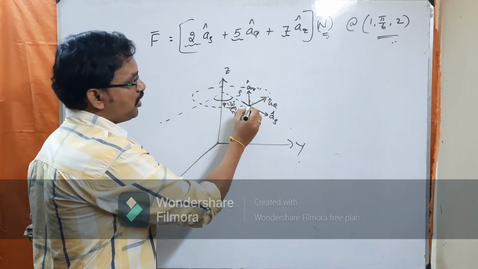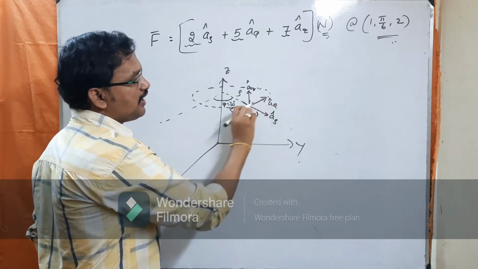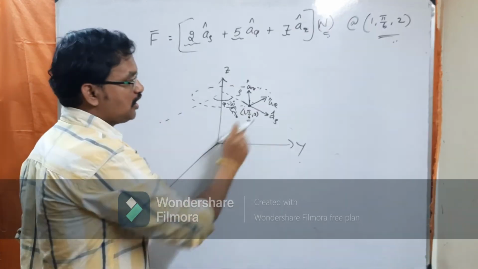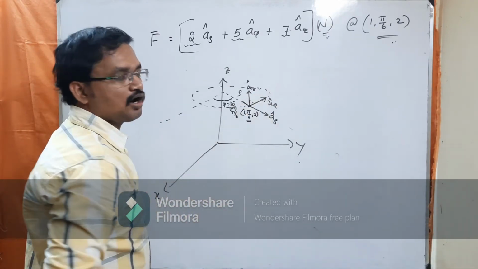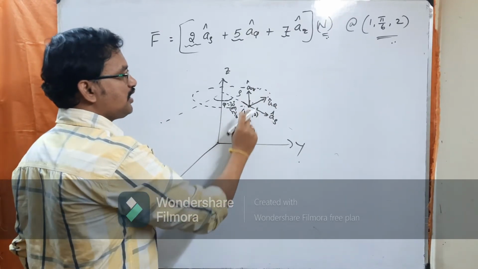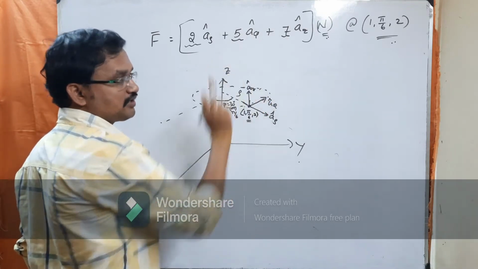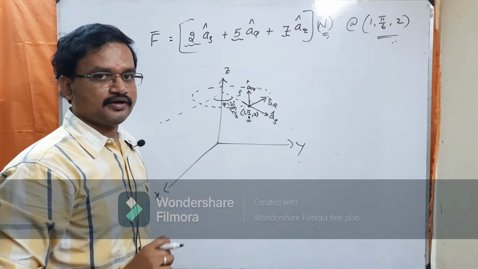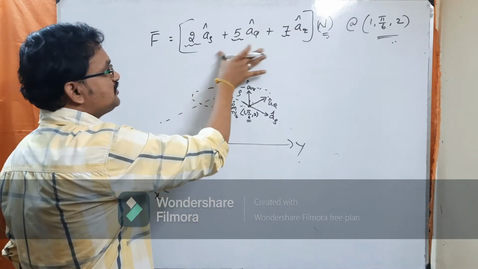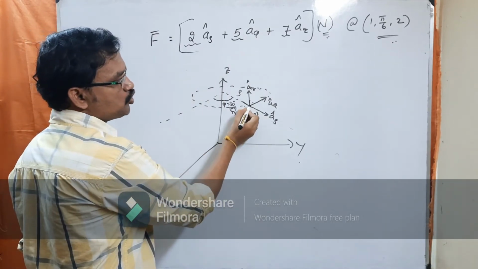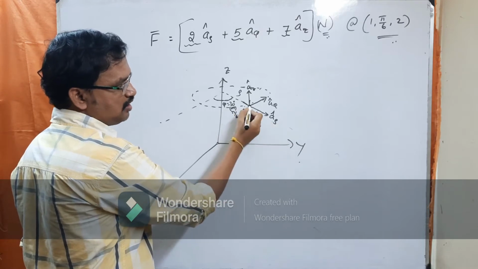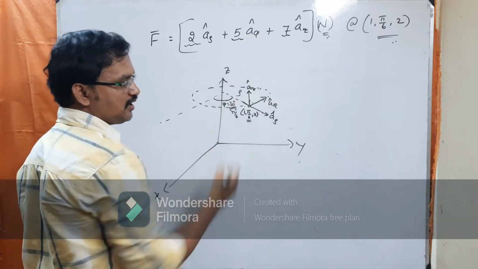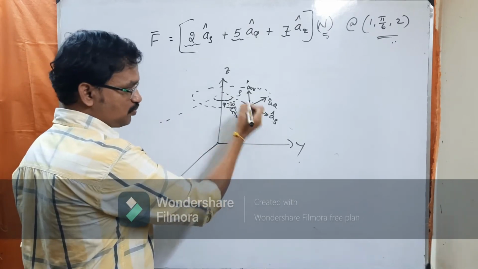Then you move along the a_phi cap direction by 5 units, which gives you the phi component, and if you move along the a_z cap direction by 7 units, it gives you the z component. So this vector represents 2 newtons along the rho direction, 5 newtons along the a_phi cap direction and 7 newtons along the a_z cap direction at this point.